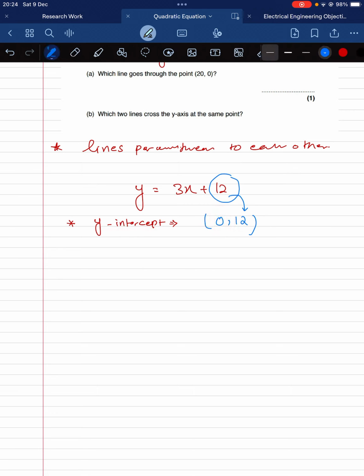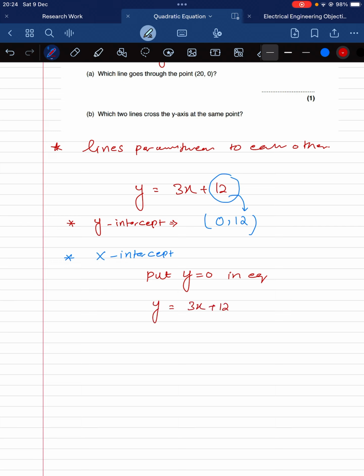Let's say they ask us to find the x-intercept. How can we find the x-intercept? You need to do this step: put y is equal to 0 in the equation. We have the equation y is equal to 3x plus 12.